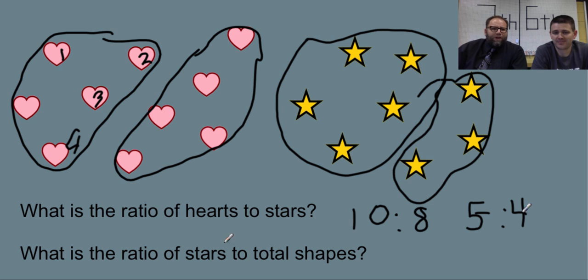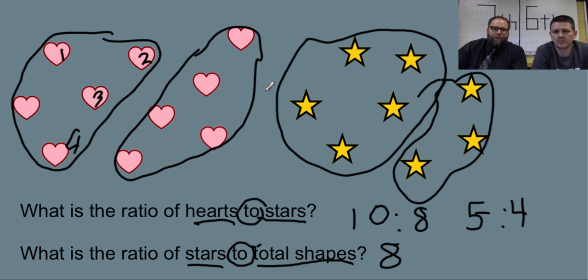Okay. So then the ratio of stars to total shapes. For myself, I like to make sure I know what I'm doing, so I'm going to underline the 2 things I'm going to find. This was stars to total shapes, and it even uses the word "to" in the question. So the number of stars is 8. I figured that out already. And then total shapes is the combination of both, so if I add them both together, that's 18, 8 plus 10.